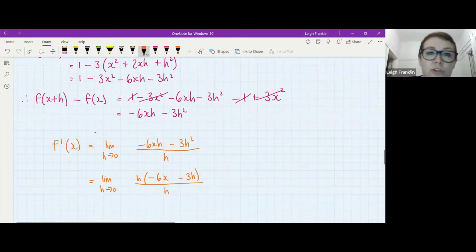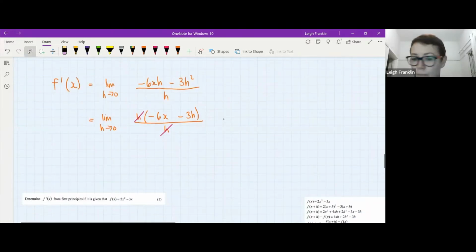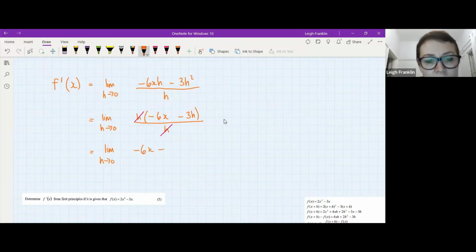You should then show that the h at the top and the h at the bottom now cancel out. If you want to, you can include an extra line here: equals the limit as h tends to 0 of minus 6x minus 3h.